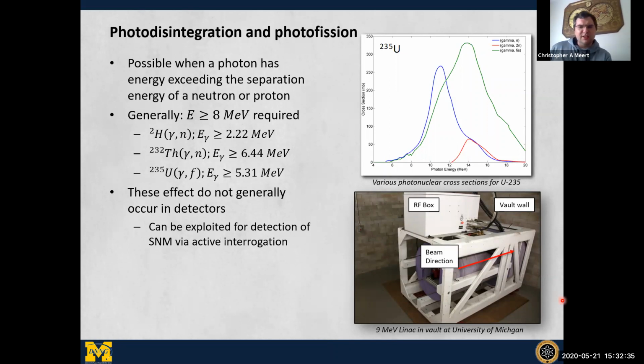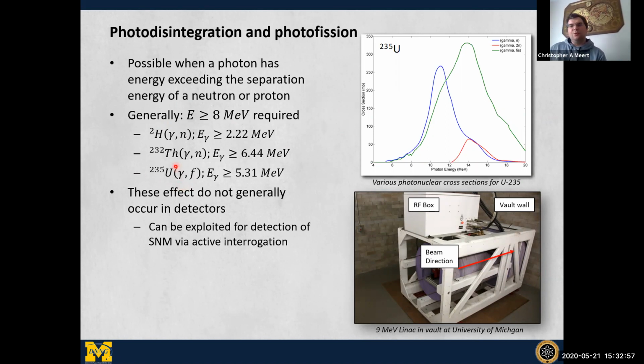There's a question, how is photodisintegration different from photofission? So photodisintegration encompasses gamma N reactions or gamma 2N reactions, where, like photofission of uranium-235, we can understand that process is relatively similar to neutron-induced fission, where you get those 2 large fragments.